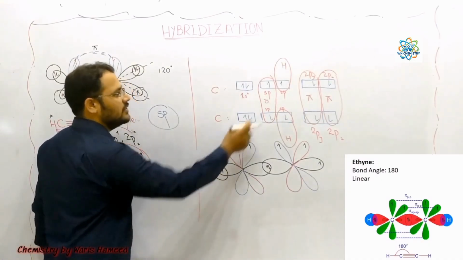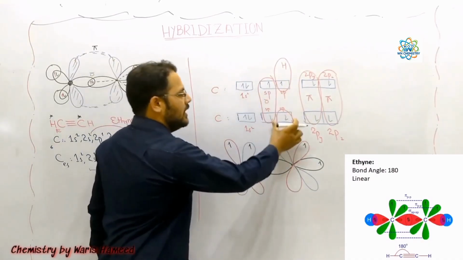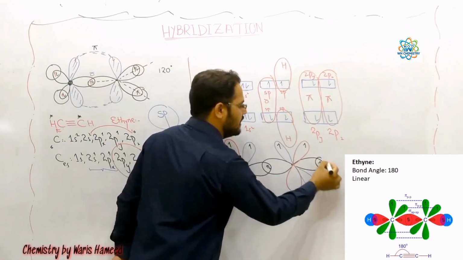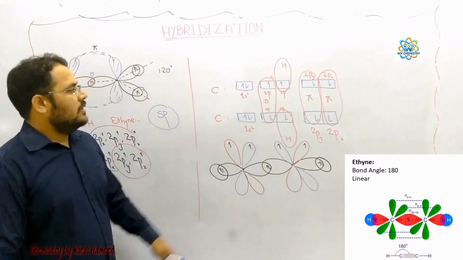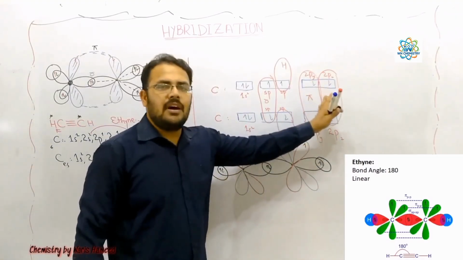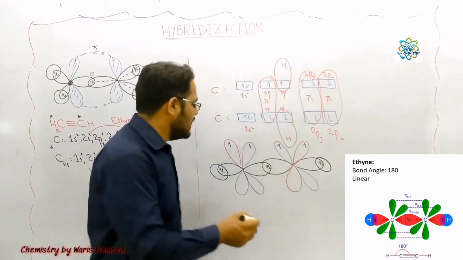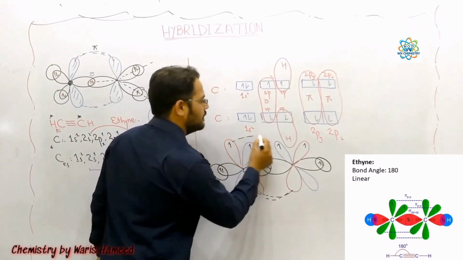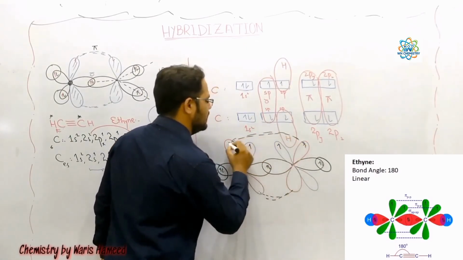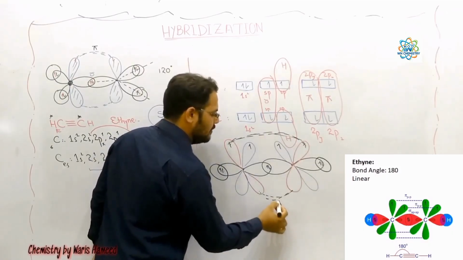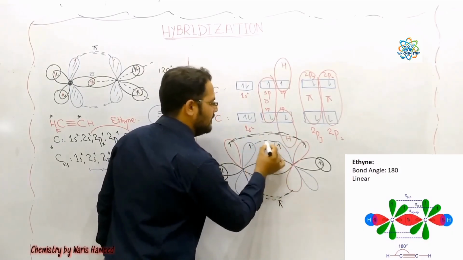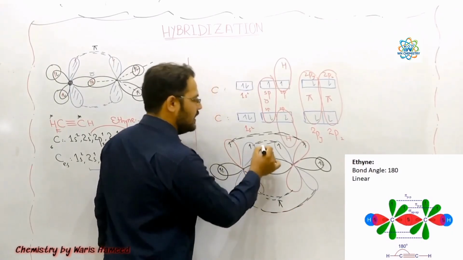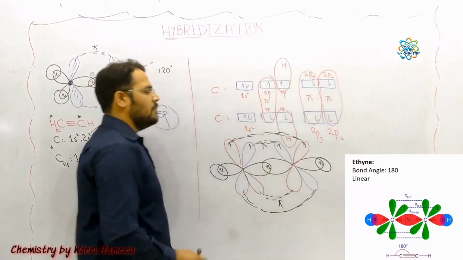One hydrogen is attached with hybrid orbitals, and in case of second carbon there is hydrogen attached with the hybrid orbitals, and here unhybrid orbitals are overlapping side by side, 2pz with 2pz, it's one pi bond, 2py with 2py. Here is the formation of the second pi bond.